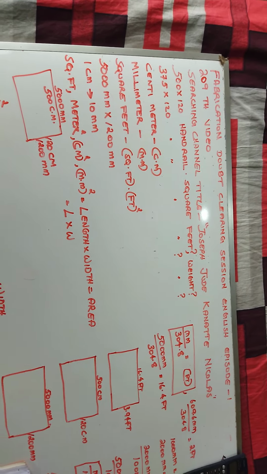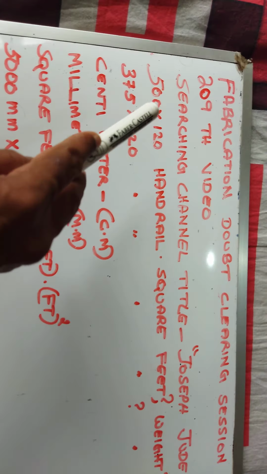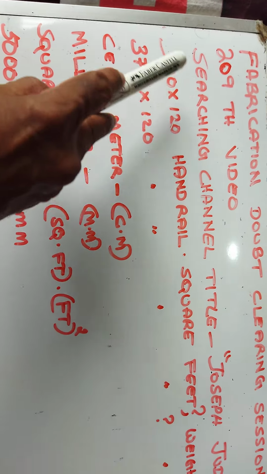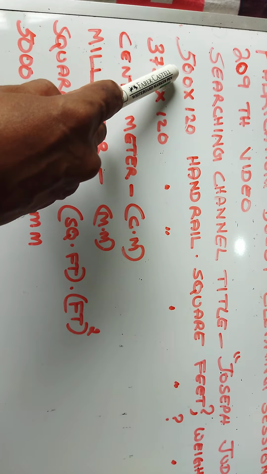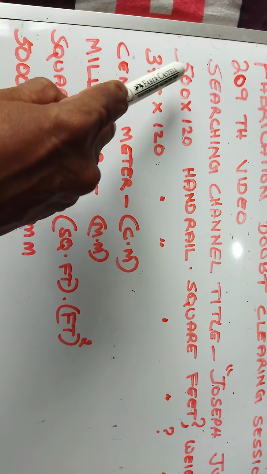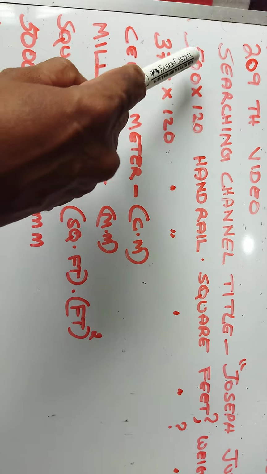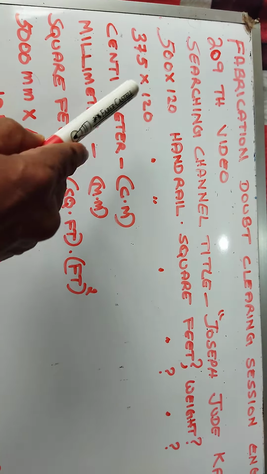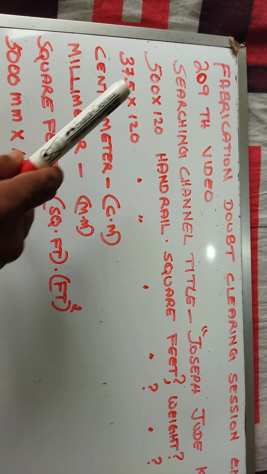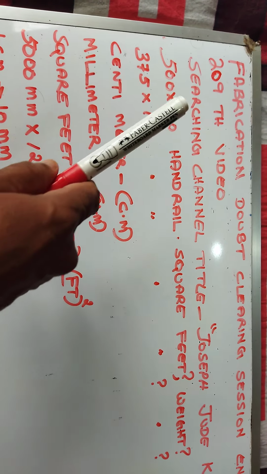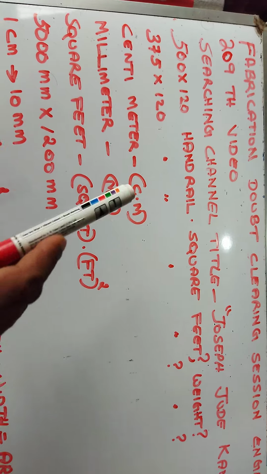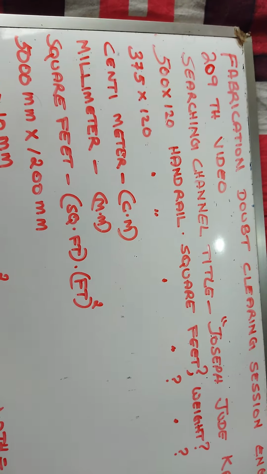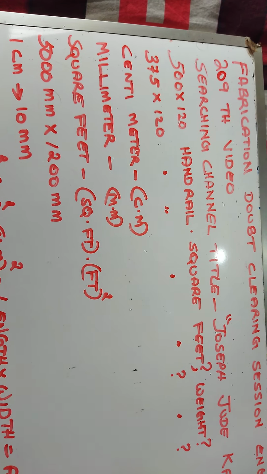So please don't ask me by only writing the measurement 500 to 120. Instead, you have to write 500 mm into 120, or 500 centimeter into 120, or 500 inch into 120. Seeing this one, I could find out whether it is mm or centimeter, because this 120 indicates its height.